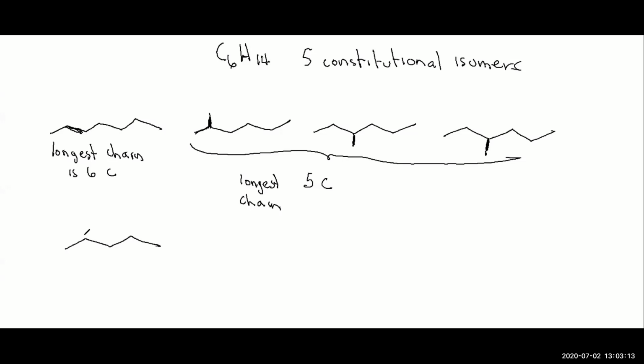So we can put a methyl group here, and a methyl group here. I already made a mistake here. Let's just start again with the 4. I made 5 instead of 4. So we'd have 1, 2.